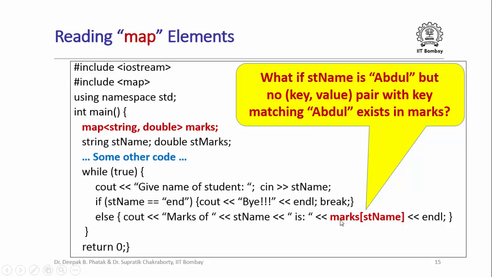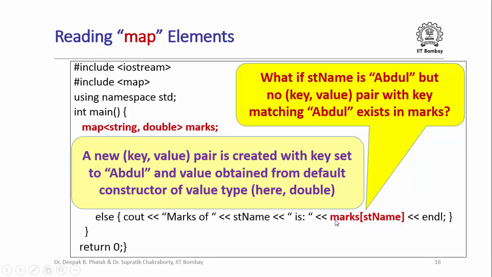Then what's going to happen? Well, the C++ standard says that in that case, if there is no key value pair with key matching Abdul, then in trying to read this, a new key value pair will be created. The key of that pair will be set to Abdul, and the value of that pair will be set to whatever the default constructor of the value type returns.